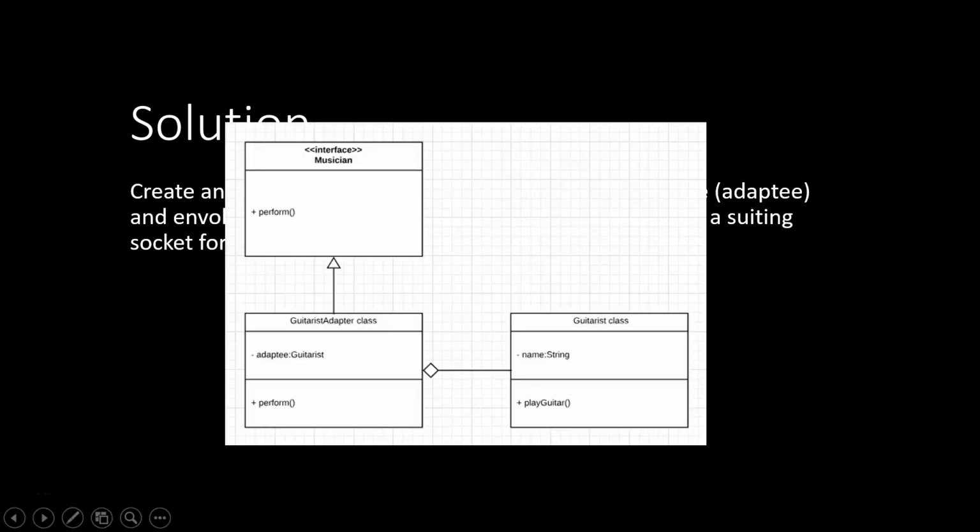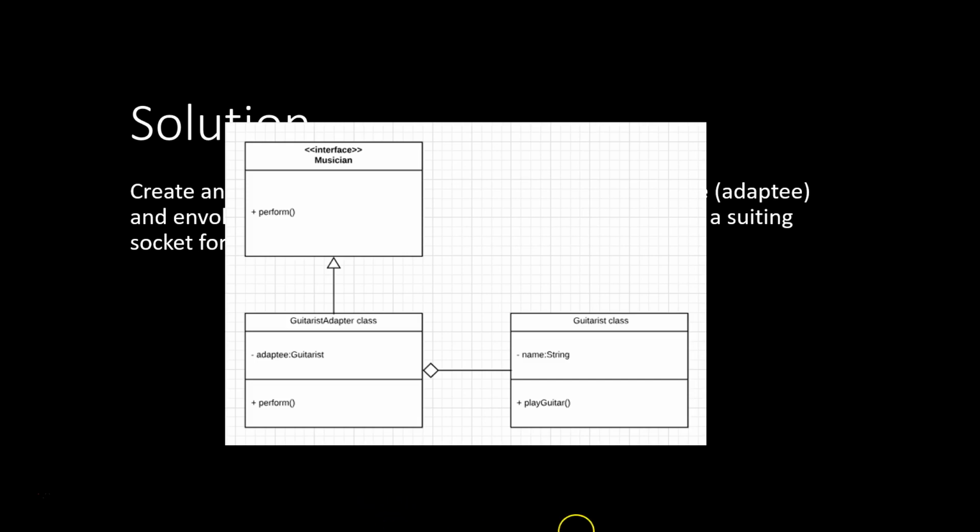The solution we're aiming for looks like that. We're going to create an interface musician which offers the perform method we want to use as a standard method to invoke the sounds on the musicians. Then we're creating an adapter. In this case, I'm just going to do one example for the guitarist adapter, which wraps, of course, a guitarist class that can play guitar to make the guitar sound.